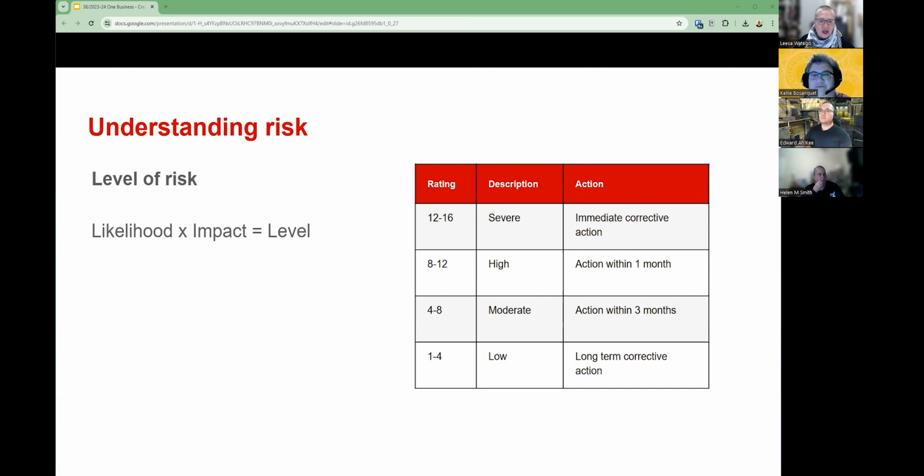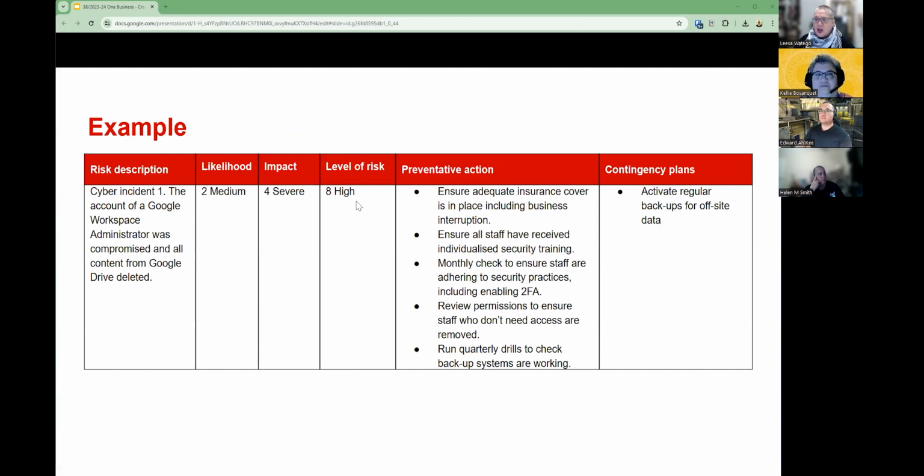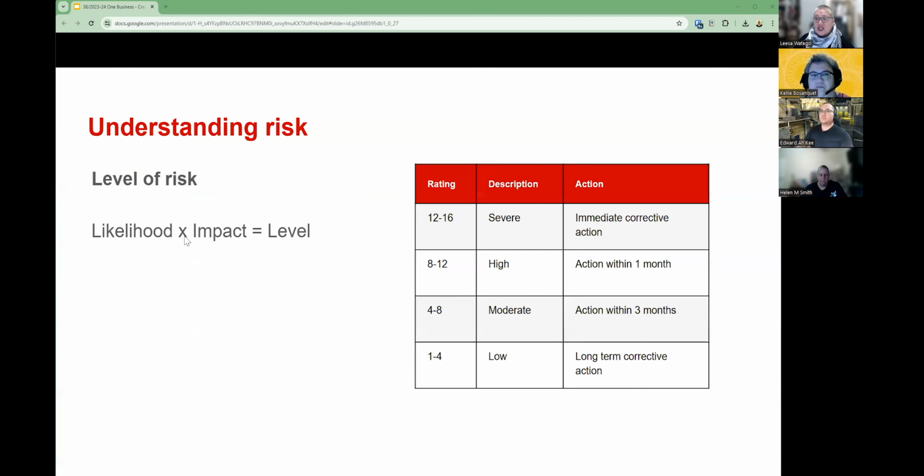I assessed it as a medium likelihood and a severe impact, so likelihood times impact gives a risk level of high, at 8. But Eddie suggested it is actually severe, because it would require immediate action. It would be quite catastrophic for the organization if our cloud storage, our data, was compromised in any way.